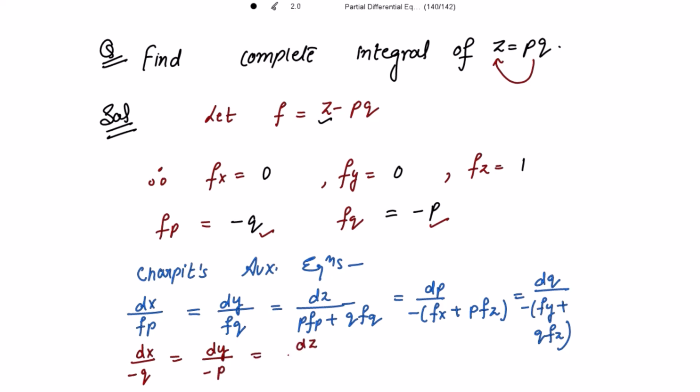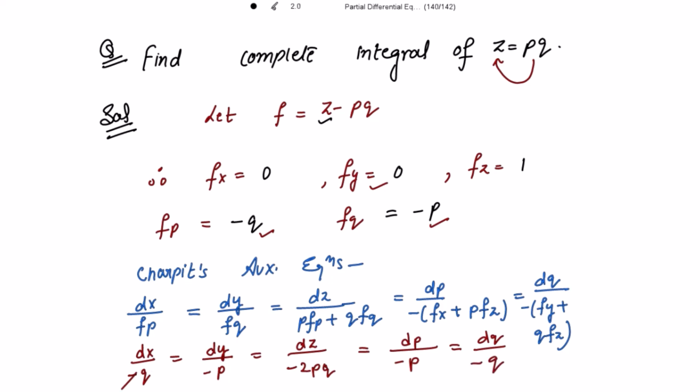Then dz divided by p times fp, that is minus pq, plus q times fq, that is again minus pq. So that is minus 2pq. Then dp divided by fx is 0 and fz is 1, so this is minus p, and dq divided by fy is 0 and fz is again 1, so this is minus q.